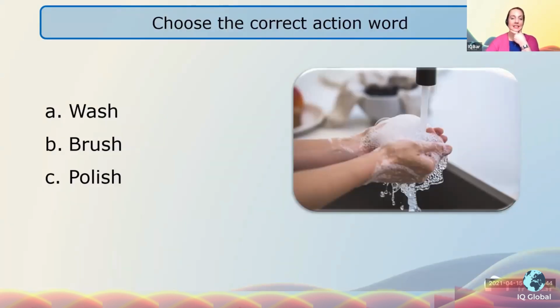Now, let's see. Can you choose the correct word? What is the action word that we can see in the picture? So I think we have a poll for this, human. Human, we can't hear you. We have another poll.